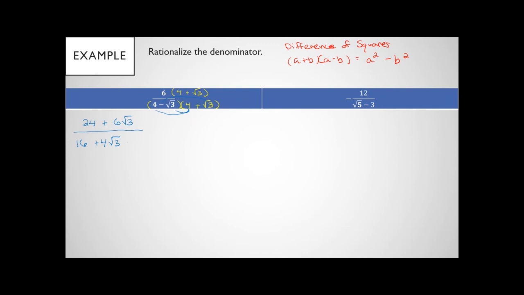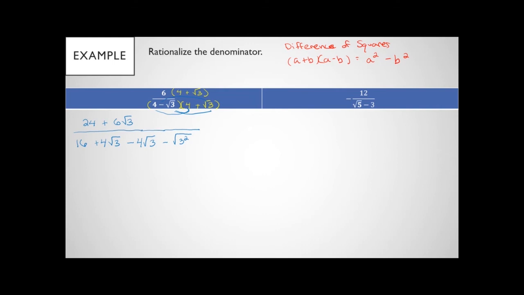So we usually put the number first. So that's going to be a negative 4 and then the square root of 3. And then the last term is the square root of 3 times the square root of 3. And we have this minus. So we know that that's going to give us 3 squared inside the square root, because 3 times 3 is 3 squared. So I did first, outside, inside, last.